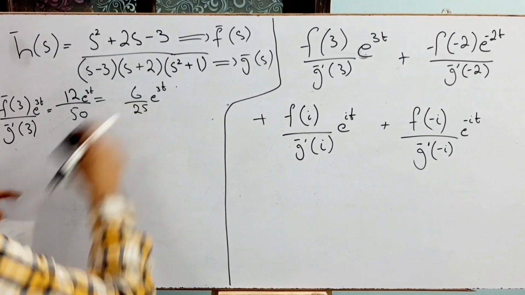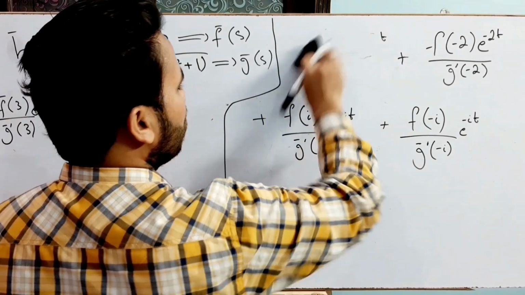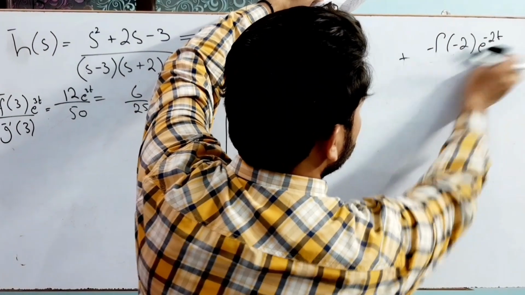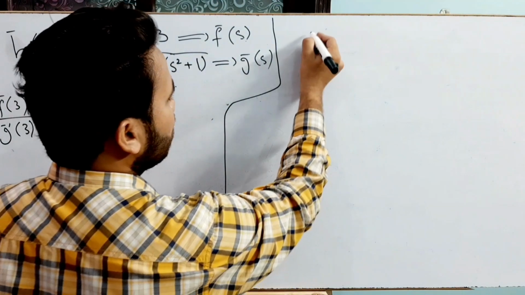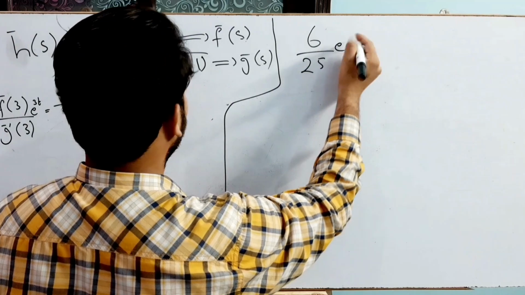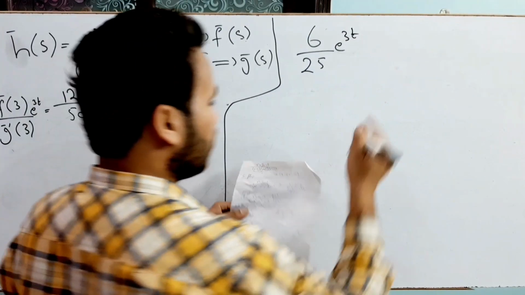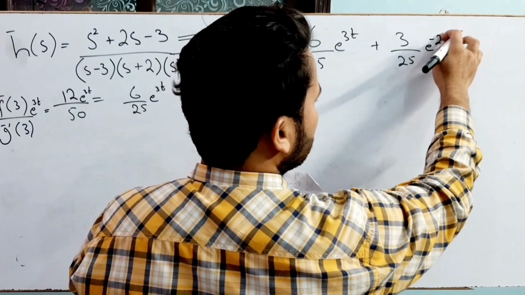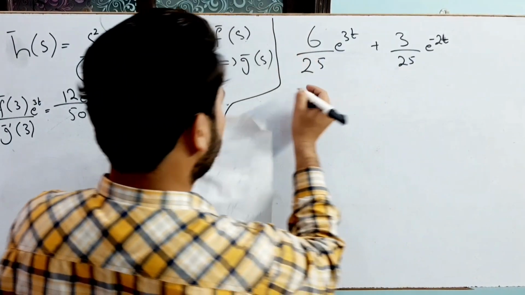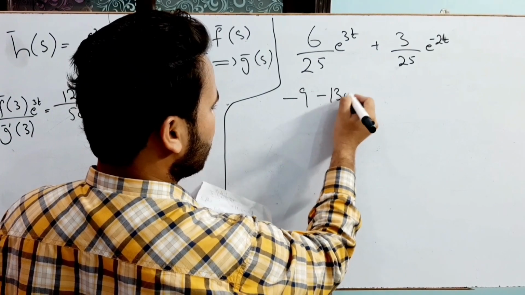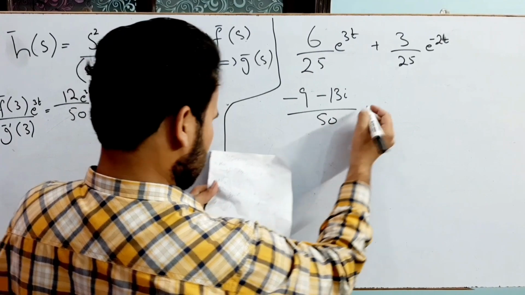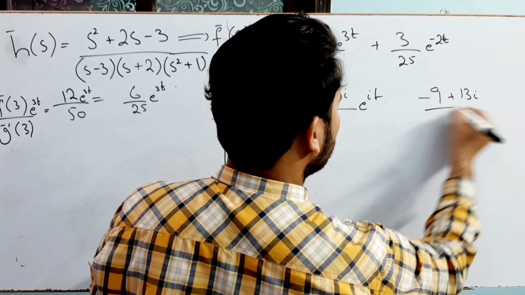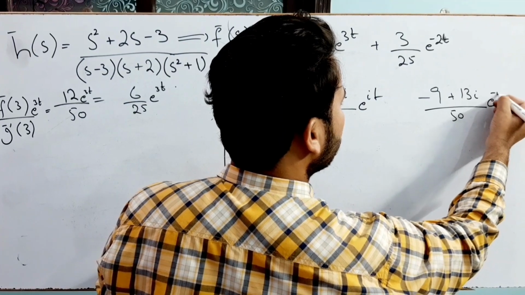The first term, second term and third term are: 6 over 25 e power 3t, plus 3 over 25 e power minus 2t, minus 9 minus 13 iota divided by 50 e power iota t, minus 9 plus 13 iota over 50 e power minus iota t.